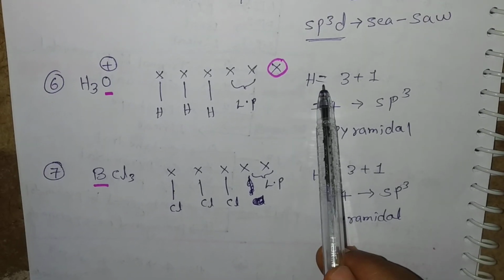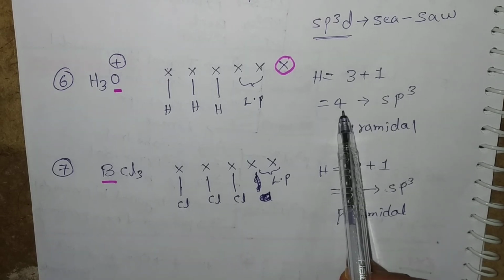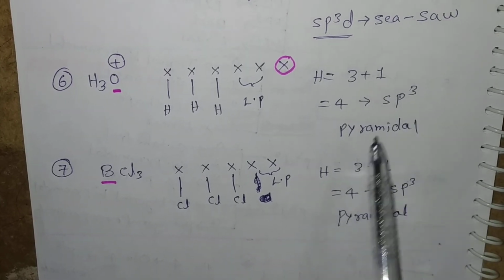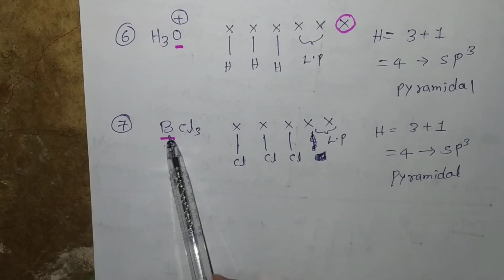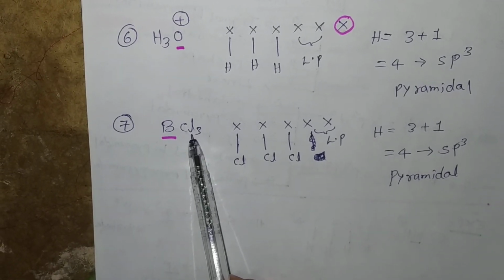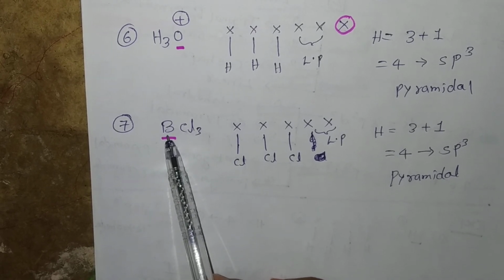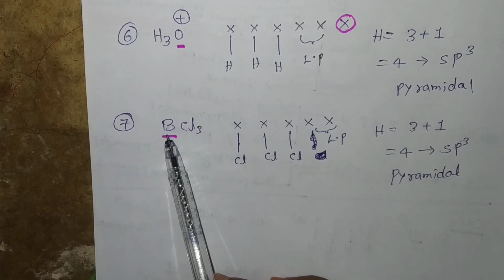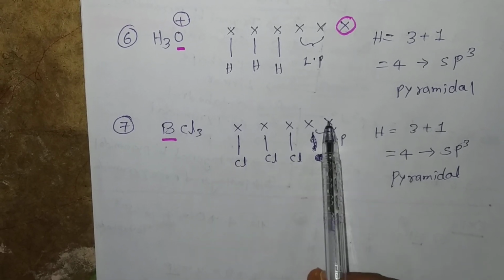So hybridization H is equal to 3 sigma bonds plus 1 lone pair, total 4. sp3 hybridization. What is the shape? Pyramidal shape. Next, boron trichloride. The central atom is boron. It belongs to the 5th group in the periodic table, so 5 valence electrons: 1, 2, 3, 4, 5.